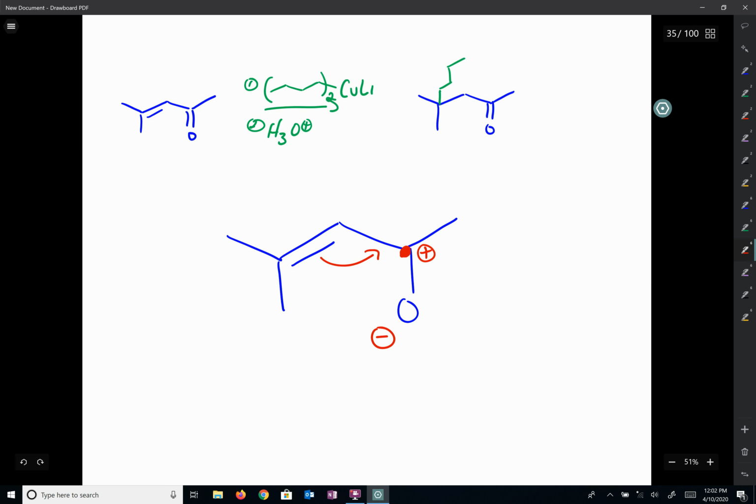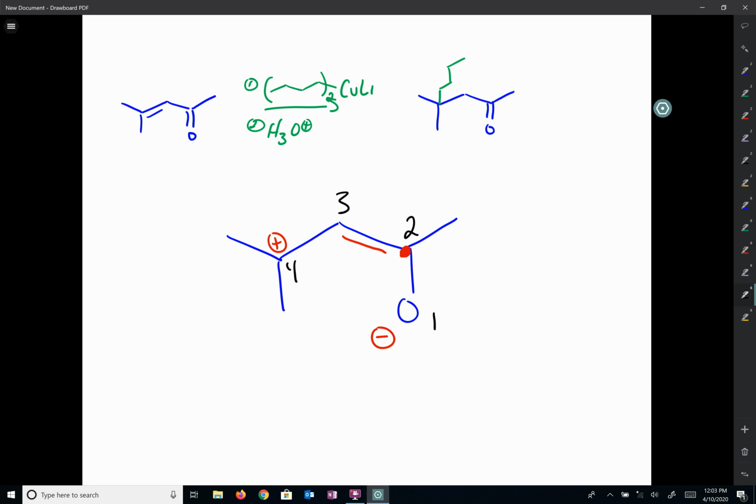But watch. If I bring that double bond over there, I can also put a positive charge onto my 4 position, okay? So 1, 2, 3, 4, okay?